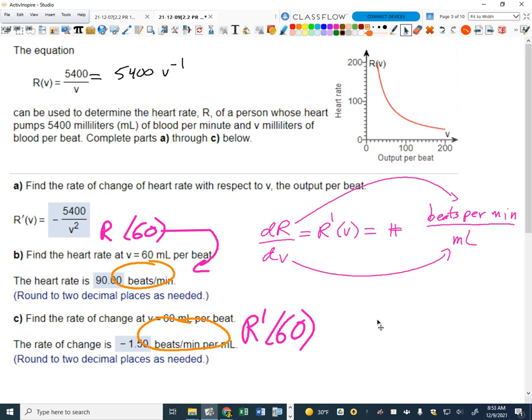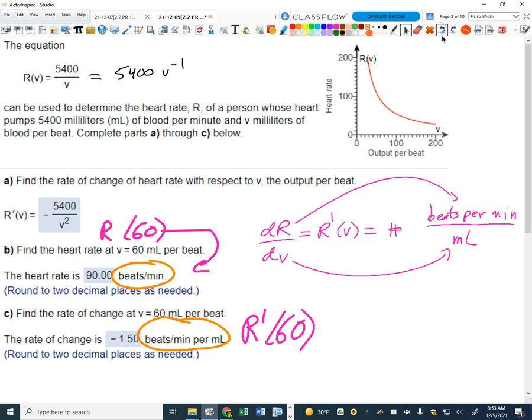R prime of V equals, you fill in the blanks. It equals d what? D what? dR dV, right? Everybody see that?